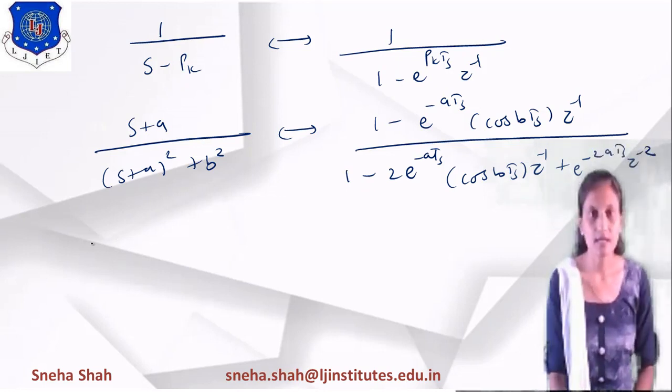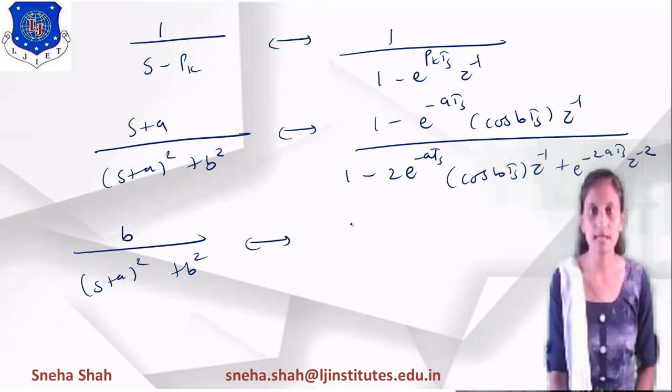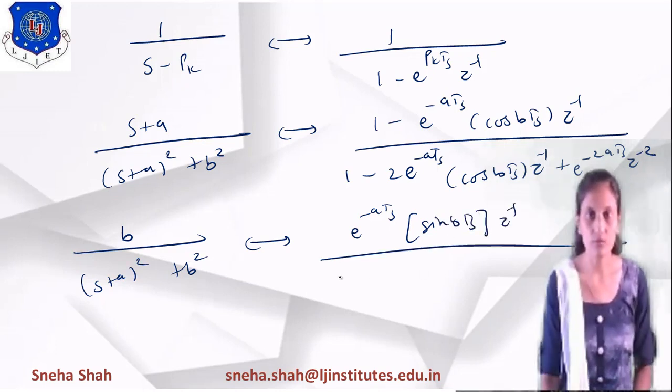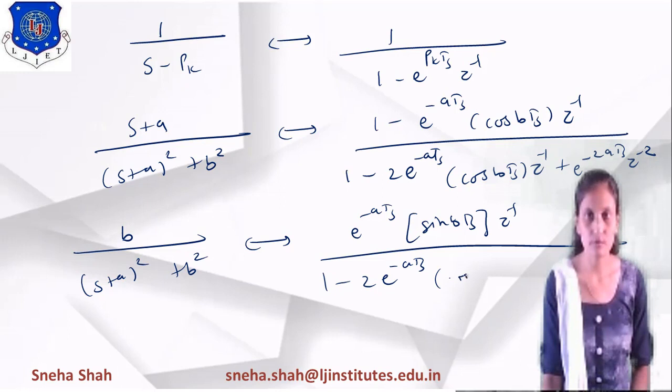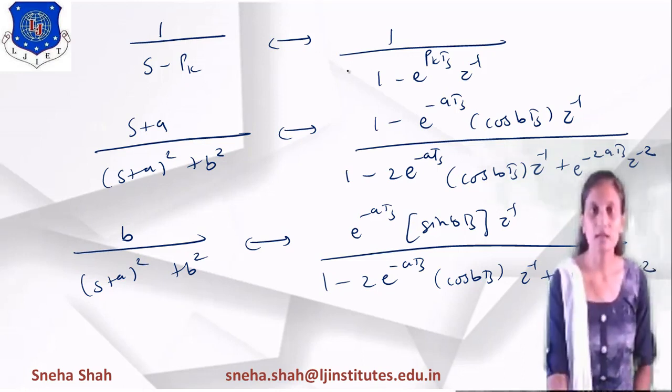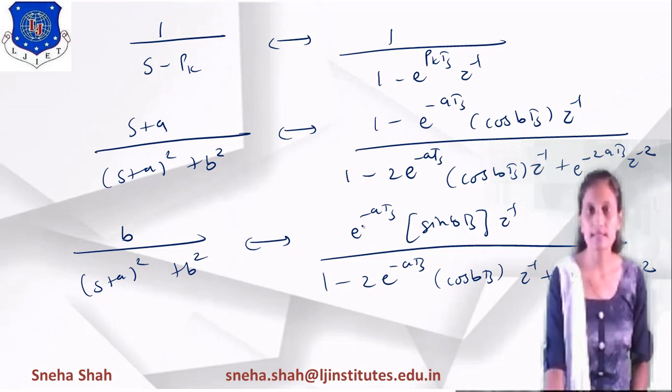In the same way, for the sine term, the analog form is b upon s plus a whole square plus b square, and its value equals e raised to minus aTs sine bTs z inverse upon 1 minus 2 e raised to minus aTs cos bTs z inverse plus e raised to minus 2aTs z raised to minus 2, with the denominator remaining as it is. So an analog filter can be converted into a digital filter by using these equations.